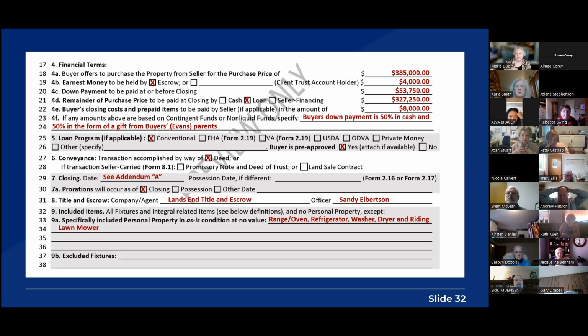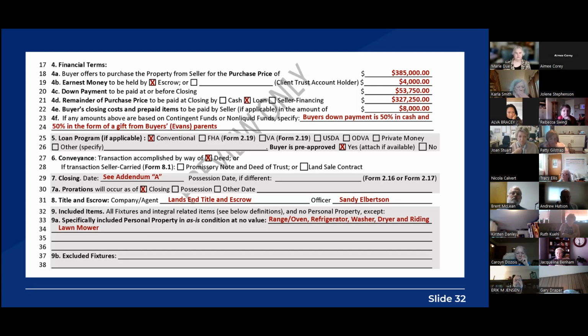And so you have to say, and they do it on this one, 50% in the form of a gift from the buyer's parents goes into it. This is a conventional loan. But you'll notice that it says FHA, VA, and notice how it's got the form number afterwards. This is what's really nice. If for some reason you clicked FHA, the form 2.19 will actually show up on the back end.